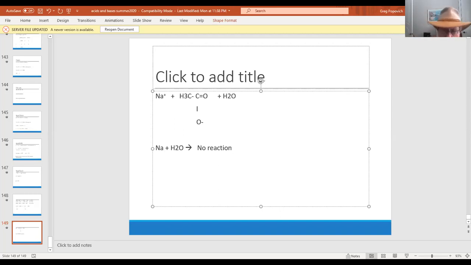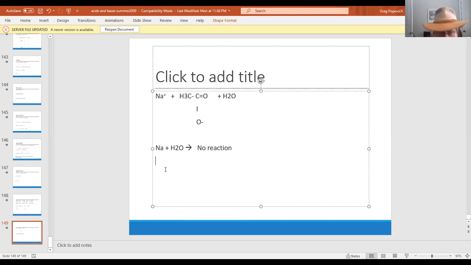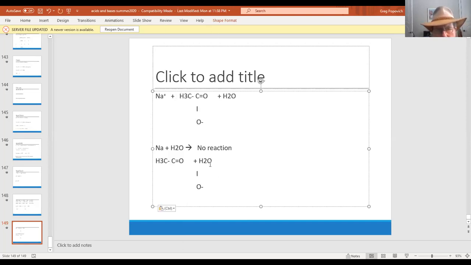It's not strong enough. On the other hand, my acetate, okay, let's do this over here. Let me make this a little more understandable.